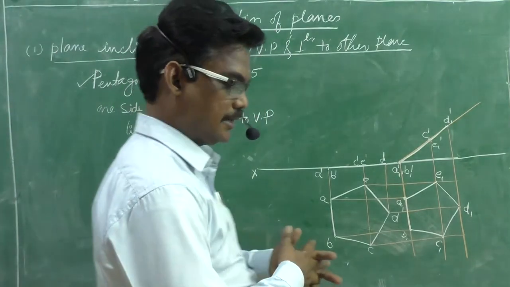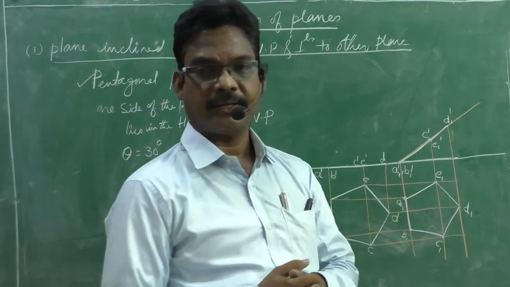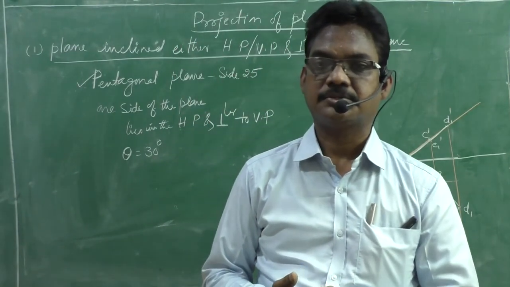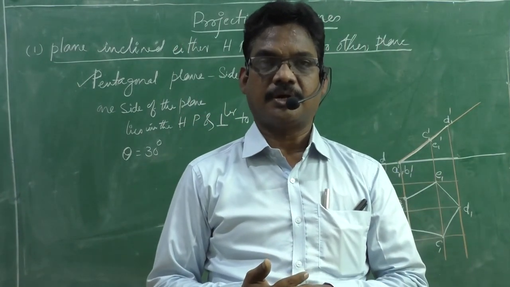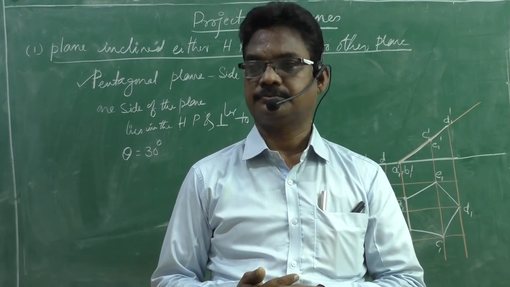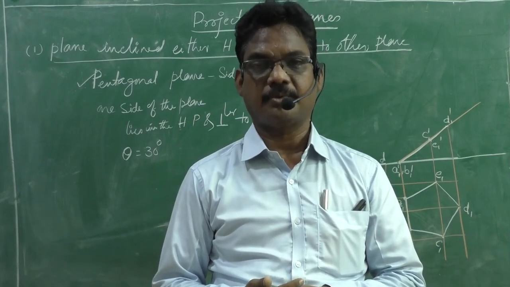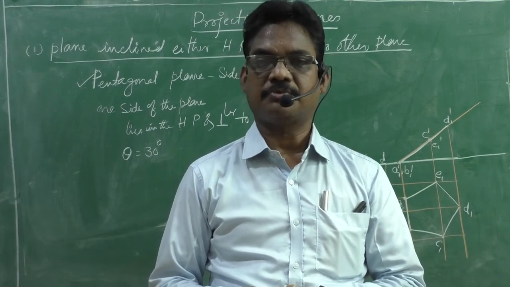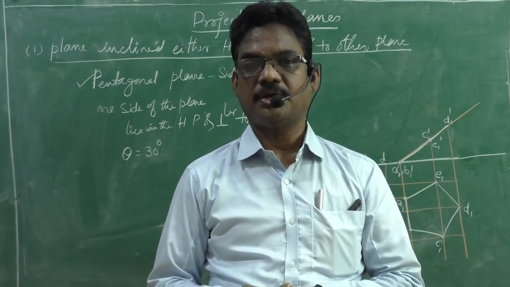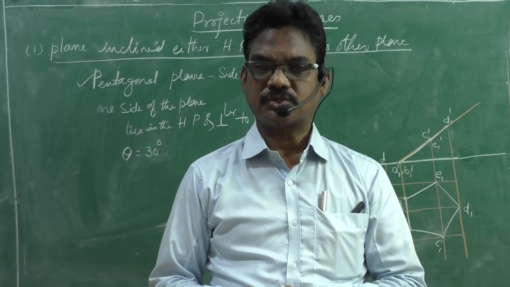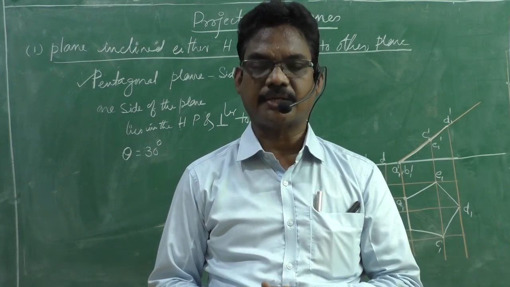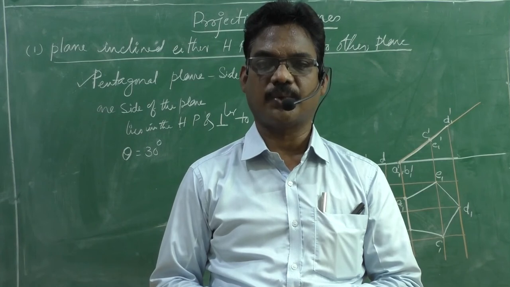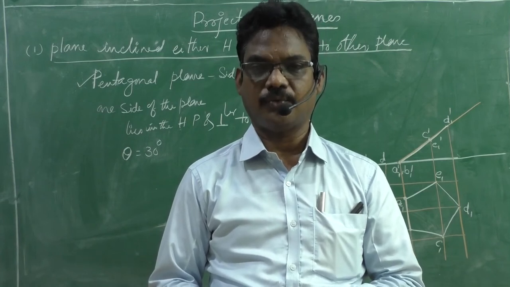A rectangle of 25 by 50, that means 25 mm width, 50 mm length, looks like a square in the front view.